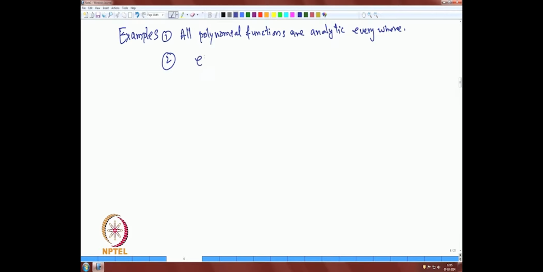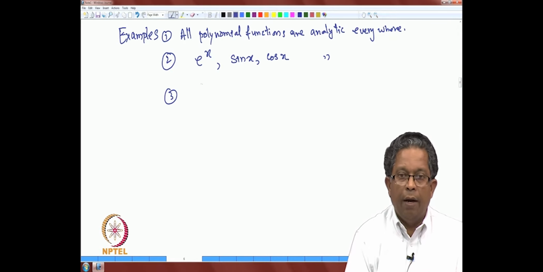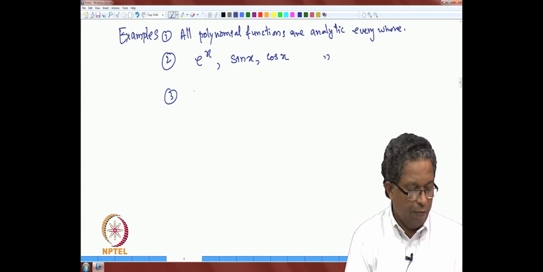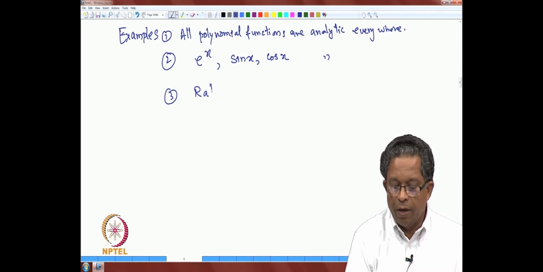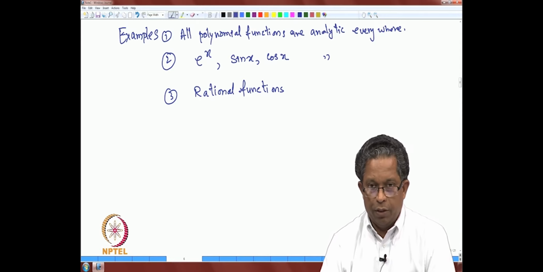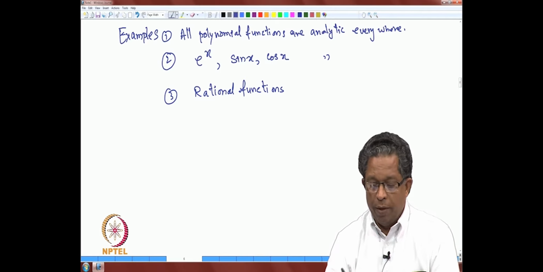And the functions containing e to the power x, sin x, cosine x, they are also analytic. Another important class of analytic functions is all rational functions. So, rational functions of the form p(x) by q(x), where p(x) is a polynomial and q(x) is a polynomial.